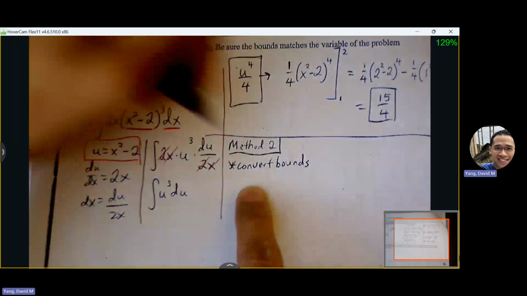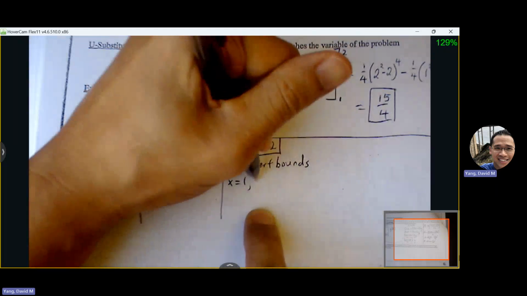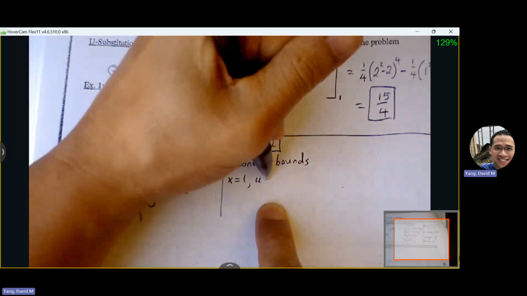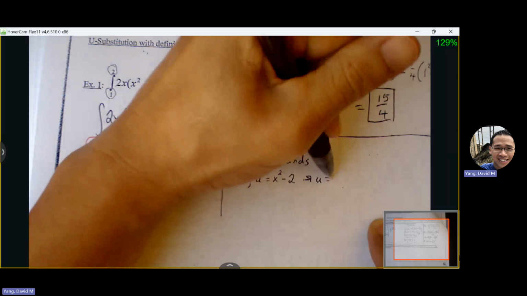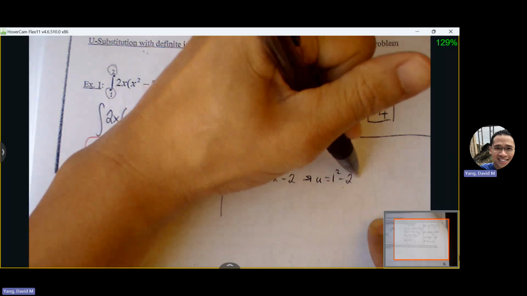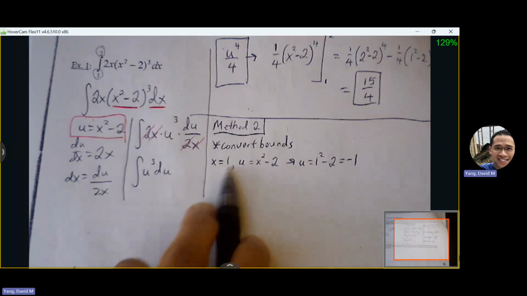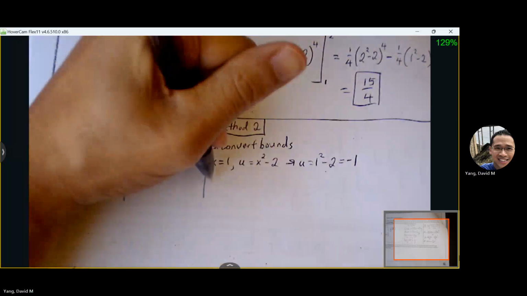So to convert the bounds, I'm going to start with the lower bound here. If x is equal to 1, then my u value is x squared minus 2. So therefore, u is equal to 1 squared minus 2, which is -1. So my initial lower bound was 1. My new lower bound is going to be -1. Okay.